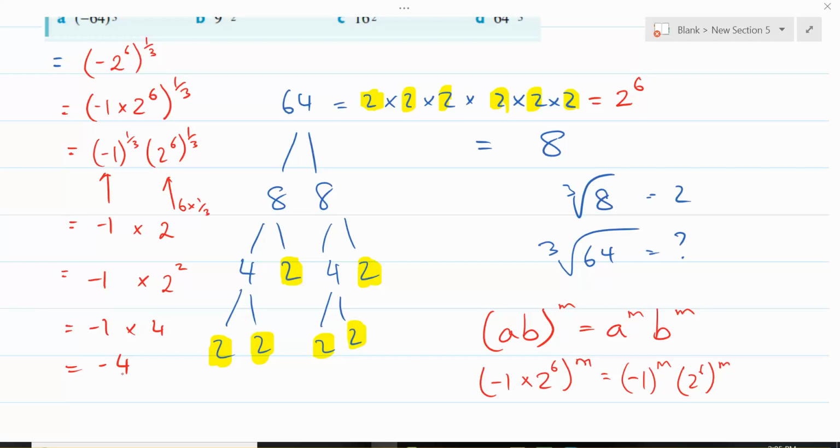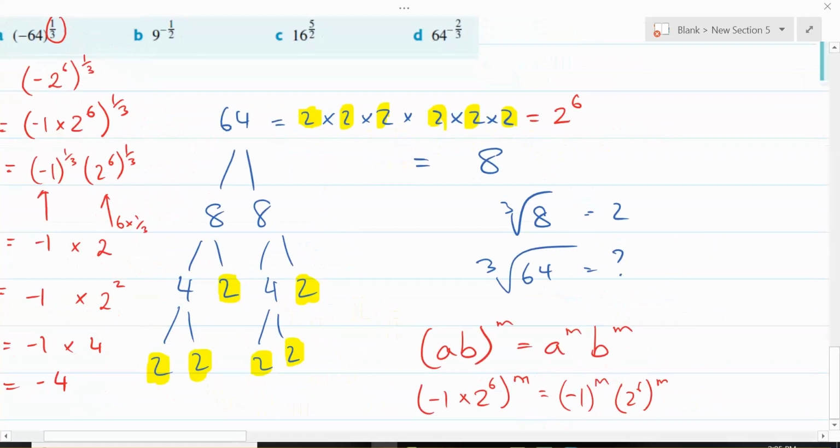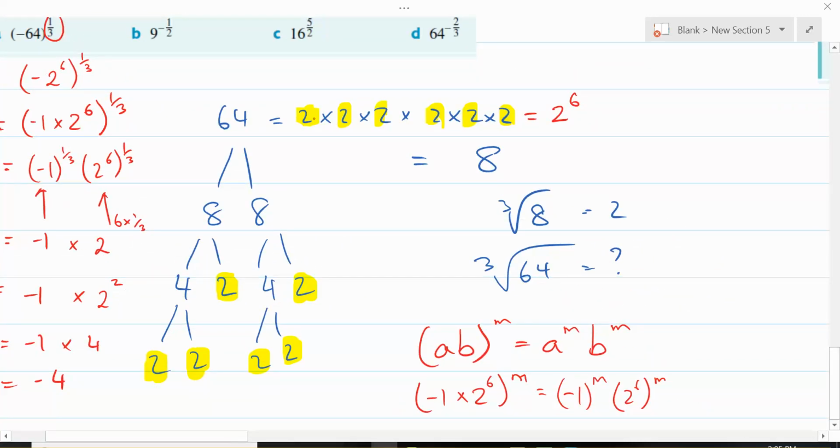Now this one's a long way of doing it. For me, I personally would have tried to figure out that a third means something times itself will give you the answer. So when I break down the factors, I'll see, can I rearrange this to have just 3 numbers? And you can say 2 times 2 is 4, 2 times 2 again is 4, and 2 times 2 again is 4.